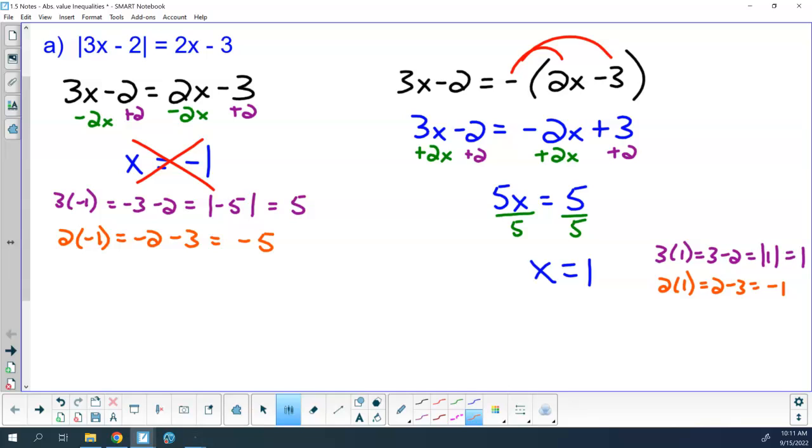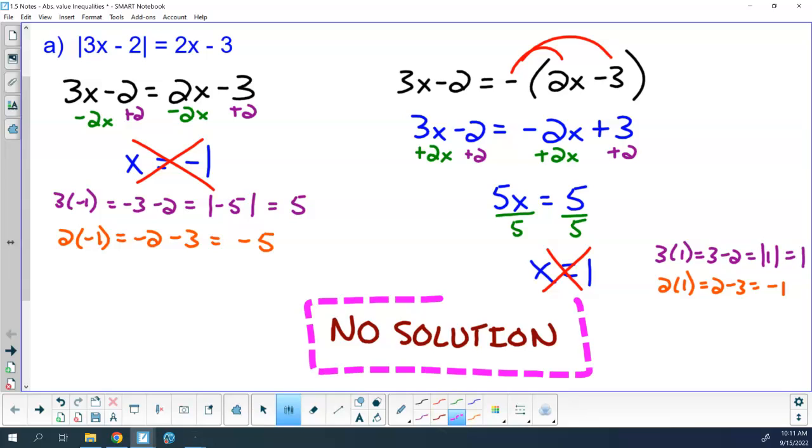Does that one work out? No. So then what? No solution. No solution. Agree?